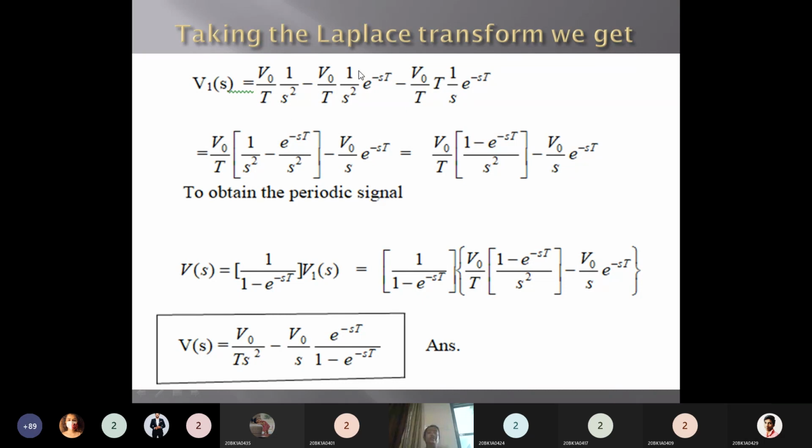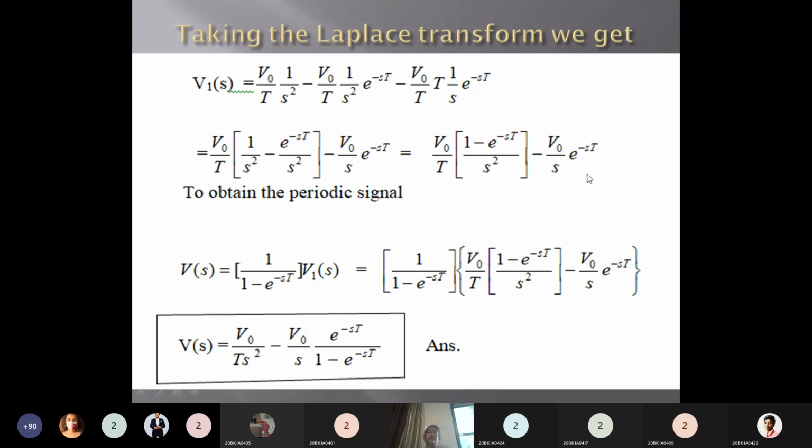So V naught by T means here we have 1 by S square e power minus ST. So this is the second term. Then the leftover term is V naught by S into e power minus ST. This is the third term.